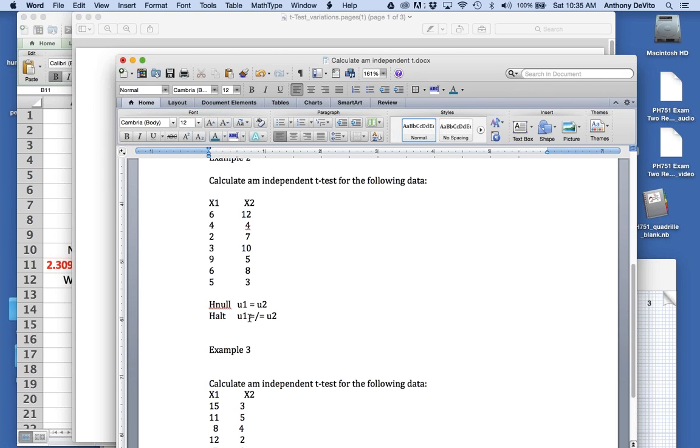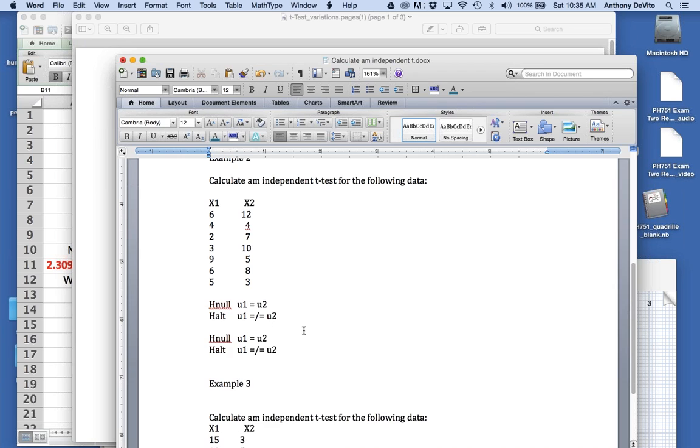Okay, so now we can get into a couple of variations of that as well. There may be situations where you know that the mean of population 1 can only be larger than population 2. So your null hypothesis may be, let me redo this so I don't have to change that original one back.